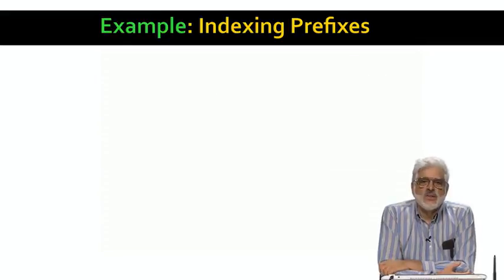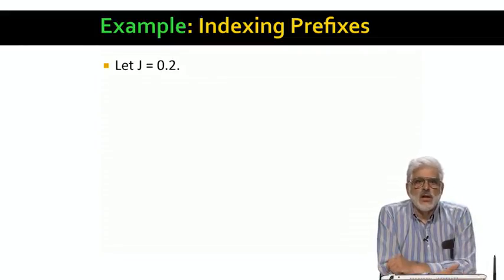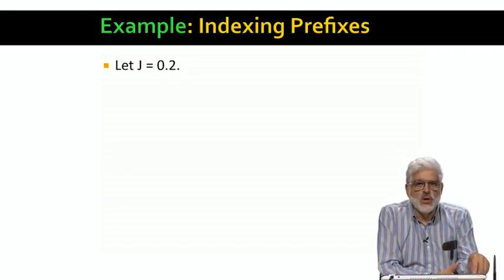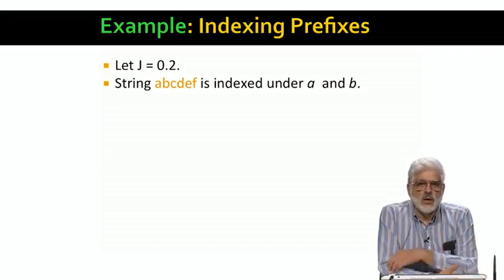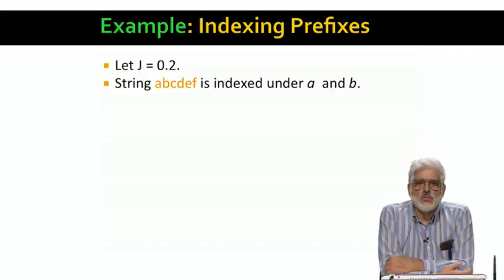Let's do an example of how this indexing and search for similar strings will work. Let J be the upper bound on Jaccard distance, say 0.2, and consider the string A, B, C, D, E, F. How long is its prefix? Well, first, L equals 6, since the string is obviously of length 6. JL is 1.2, that's 0.2 times 6. And JL plus 1 is 2.2.